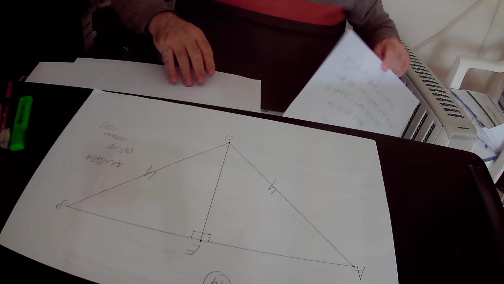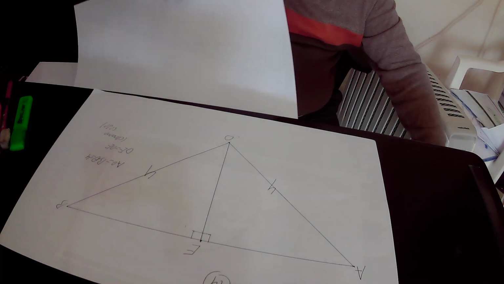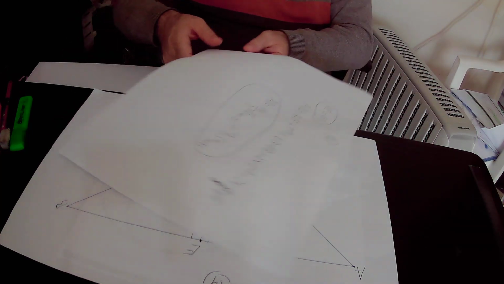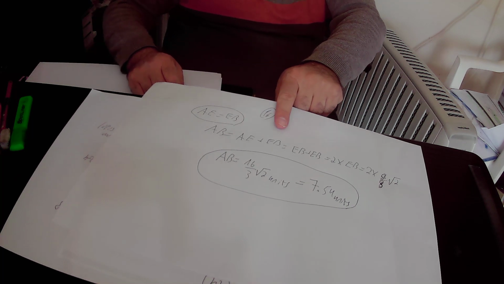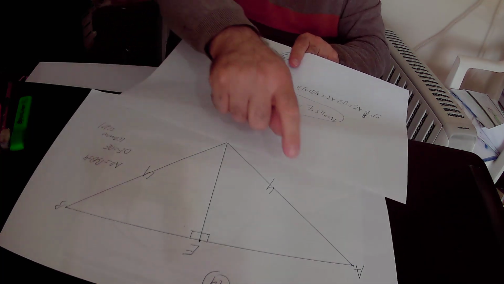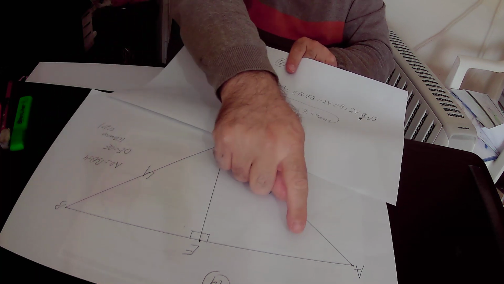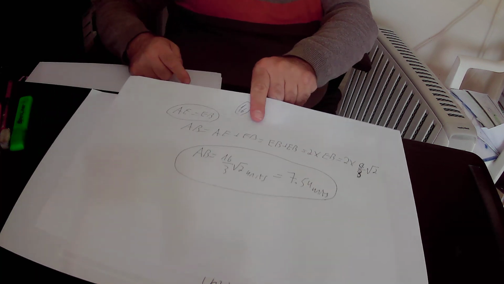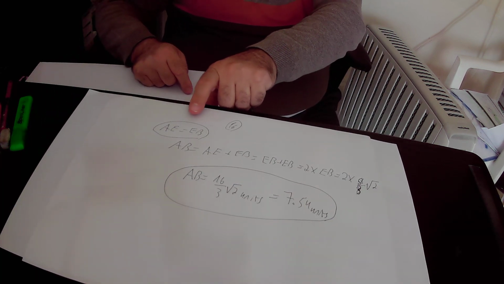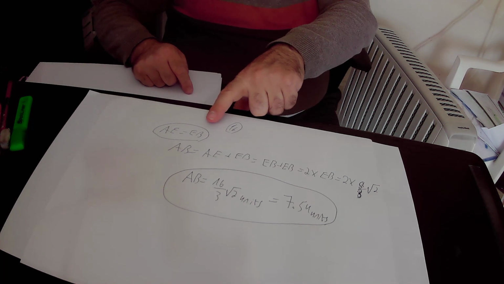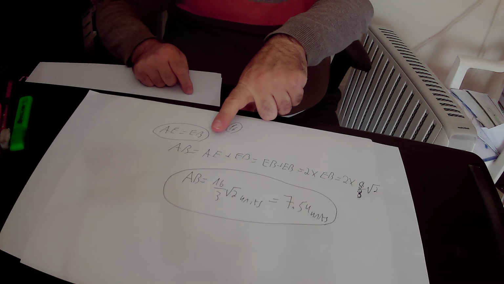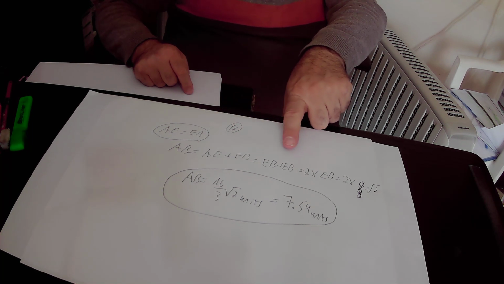And what is the value of AB? As you can see from the drawing, AB equals AE plus EB. But we have already found out that AE equals EB, so we can substitute AE by EB, and we got that AB equals EB plus EB.